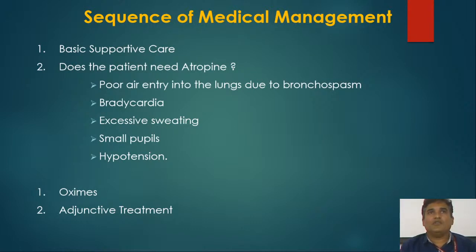How do you detect, how do you diagnose a patient having organophosphate poisoning? First is the irritation of eyes, salivation, lacrimation, sweating, weakness, bradycardia, even tachycardia, fall in BP, problem in the respiration, everything that is the excessive action of the acetylcholine.